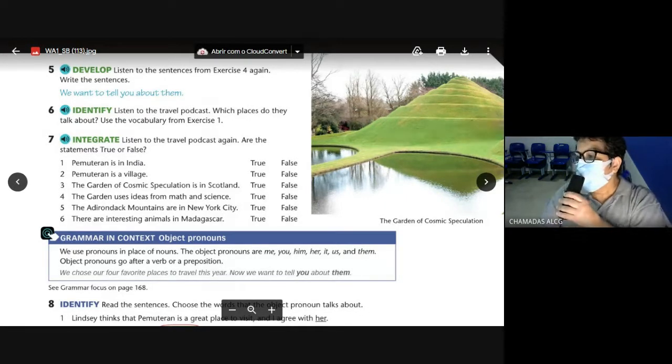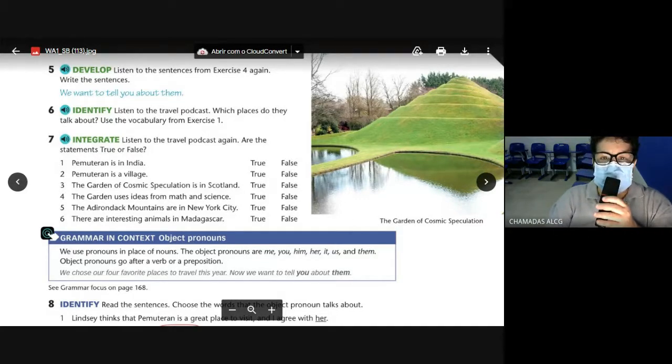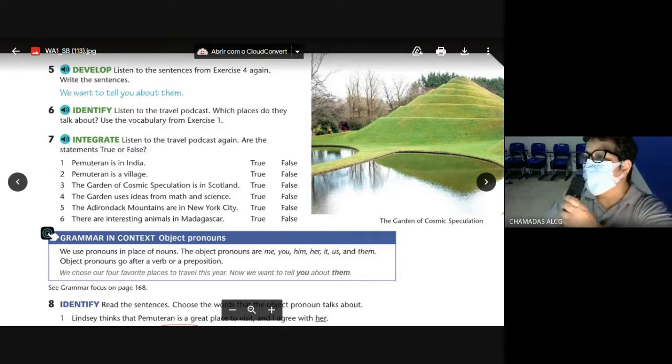Just to let you know that this page I'm showing is just a PDF. We are not using the book application or the book site because it's not opening. So we are using a PDF, okay? For that matter, I will have to go to another window to open the audio, for you to listen.